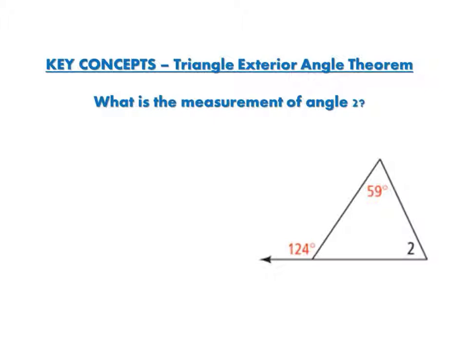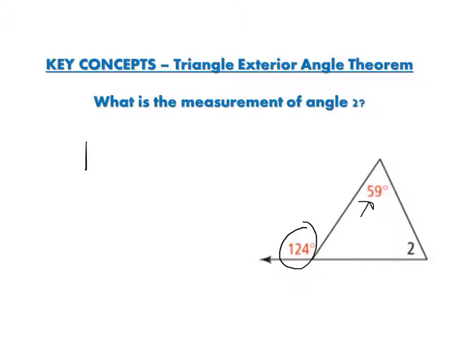The other kind of problem you might see is to find an interior angle measurement. For example, this one wants to know the measurement of angle 2. All you do to find that one is take the exterior measurement minus the other interior.